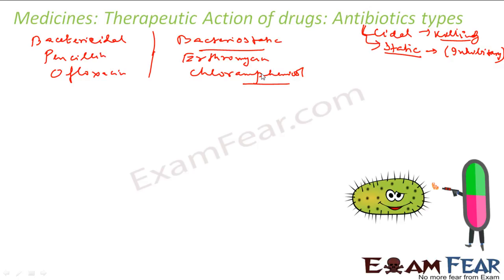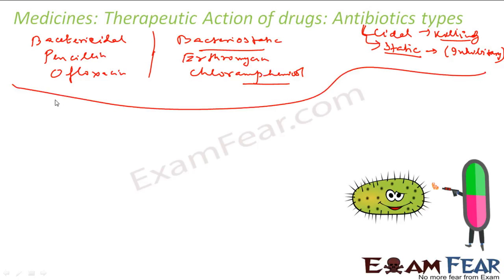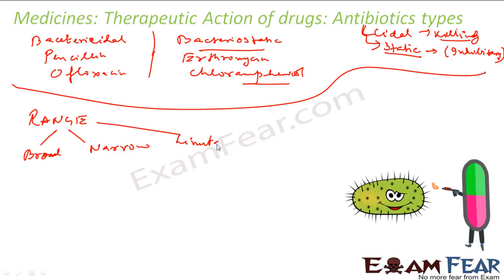Also, based on the coverage, this is one classification, right? Based on the range of coverage of the medicine, you can classify as broad range or narrow range or limited, right? If the drug can kill thousands of different types of bacteria, it is a broad range.